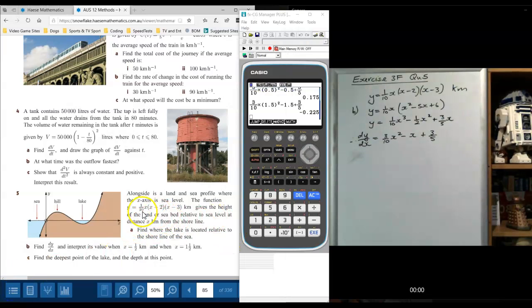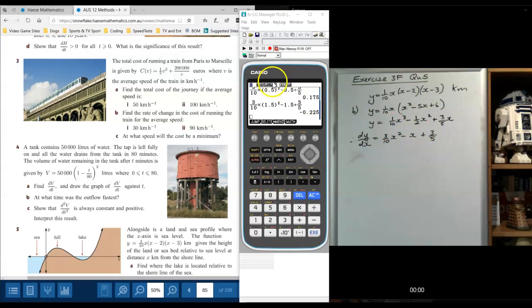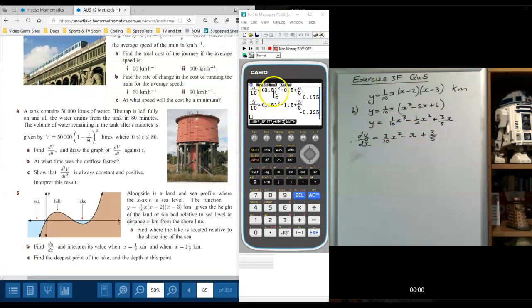Okay, to interpret what's going on here, I just substituted a half and 1.5 into the equation I just found over here, and you can see the working out on the calculator just here. So here's your 3/10 x squared minus x plus 3/5, and I get the 2 solutions, 0.175 and negative 0.225.